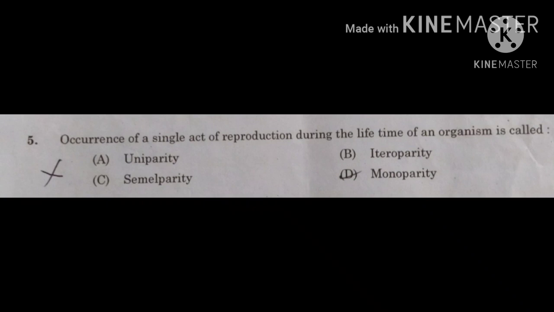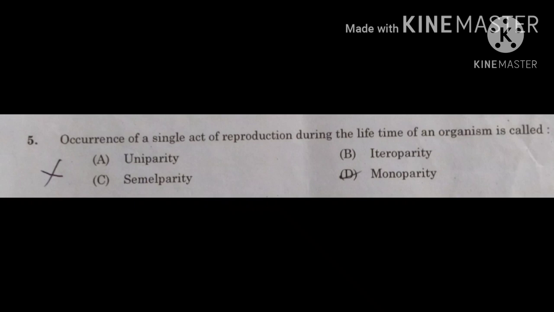The fifth question is: occurrence of a single act of reproduction during the lifetime of an organism is called. Okay, based on the active reproductive period or active reproductive episodes, organisms can be classified into two types, and they are semelparity and iteroparity. Semelparity means those organisms having a single reproductive episode during the entire life cycle. Whereas iteroparity means organisms having multiple reproductive episodes in their entire life cycle.